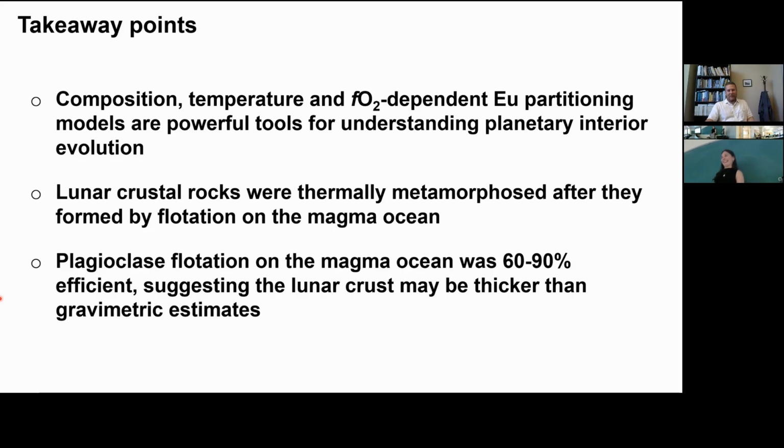Okay, Chip. Yeah, thank you so much, Nick, for giving this presentation. It was really fascinating. The question I had for you is, you gave kind of big picture models for how the crust could interact with a KREEP component to modify the europium anomaly and other slopes of the rare earth patterns.